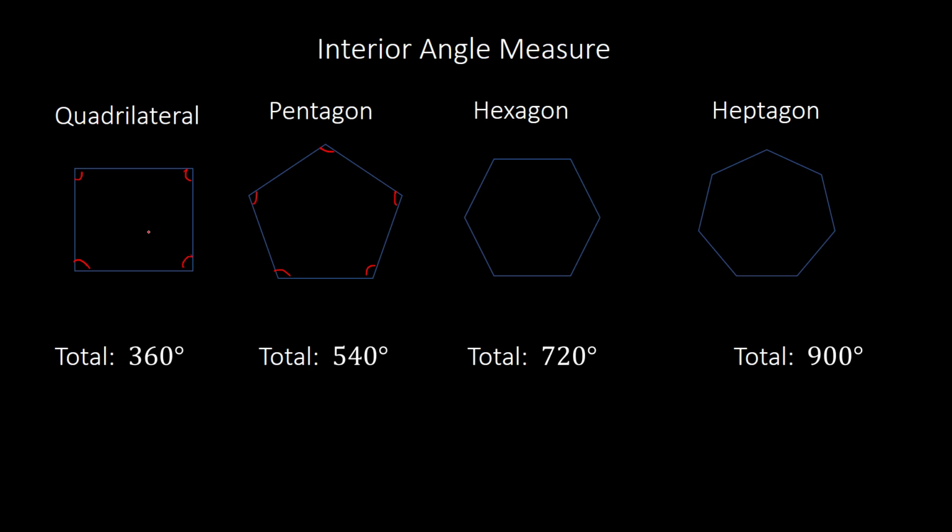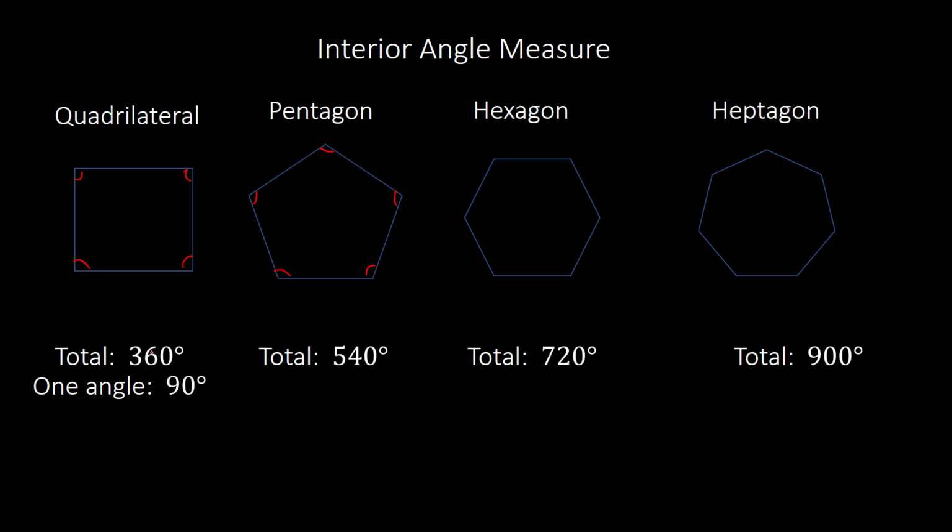Now if we have regular polygons, meaning the angles are the same and the sides are the same, then if we wanted to find one angle, we could do that very quickly, because for a quadrilateral, we have 4 sides and 4 angles. So if we divide the total angle measure of the inside by 4, we're going to get the measure of just one angle.